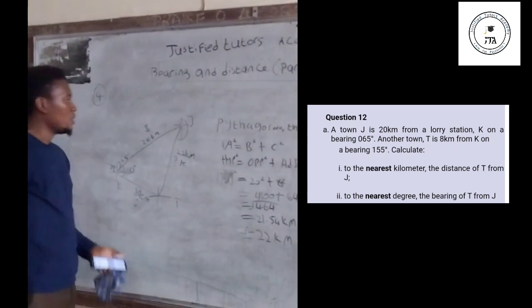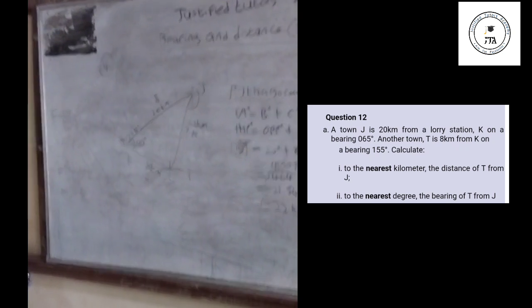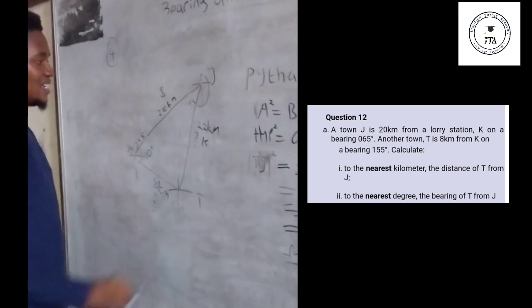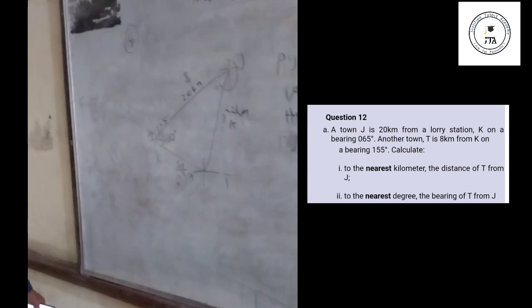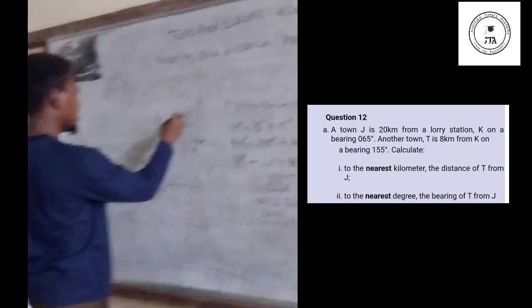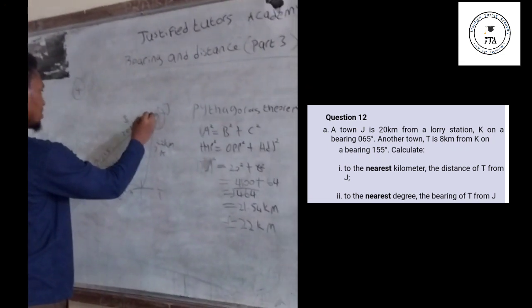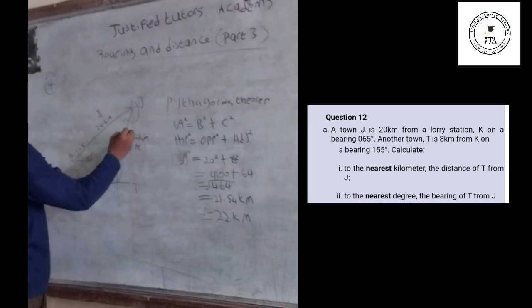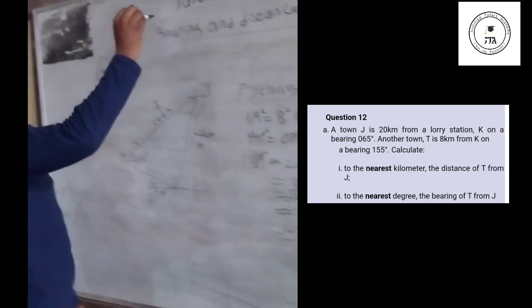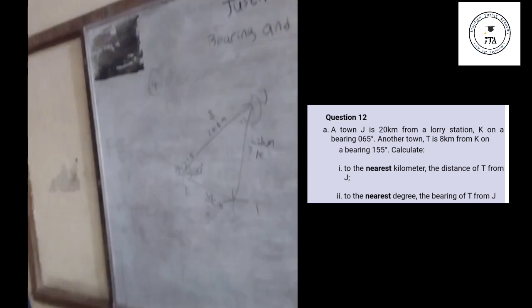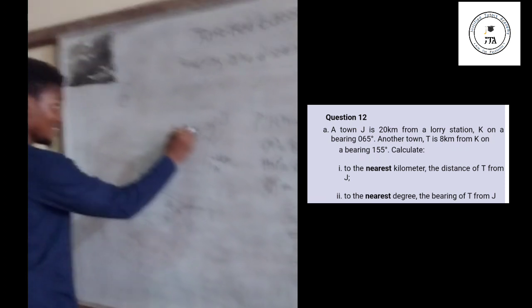Now, first of all, we'll find the angle here. Call this one X. After that, we need to find the angle at this point here, so that we can subtract from 180 and then add it together.